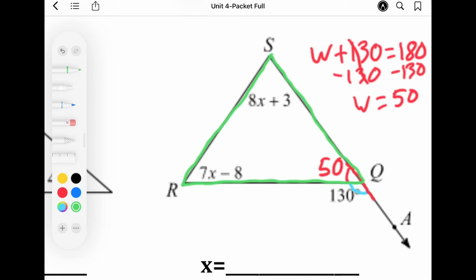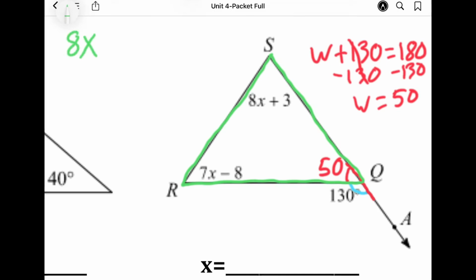We now have all three angles, so we're going to add them together and set them equal to 180. So I have 8x plus 3 plus 7x minus 8 plus 50 equals 180. Combine like terms and solve. So I have 3, negative 8, and 50, so I have 45.